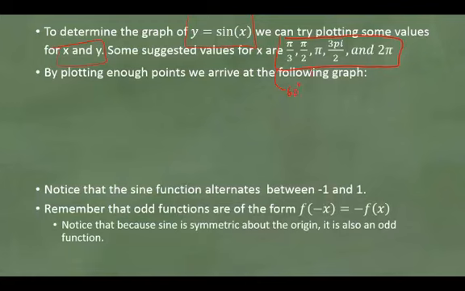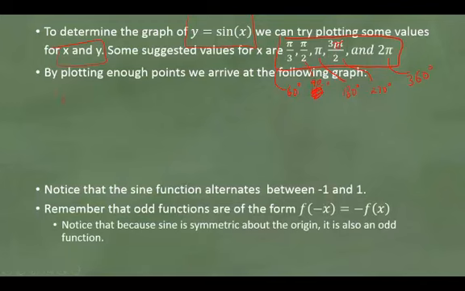Pi over 2 is the same thing as 90 degrees. Pi is the same thing as 180 degrees. 3 pi over 2 is the same thing as 270 degrees. And 2 pi is the same thing as 360 degrees. You'll get used to these. The more you convert these over yourself, the more you'll get used to them. But also try to memorize them.